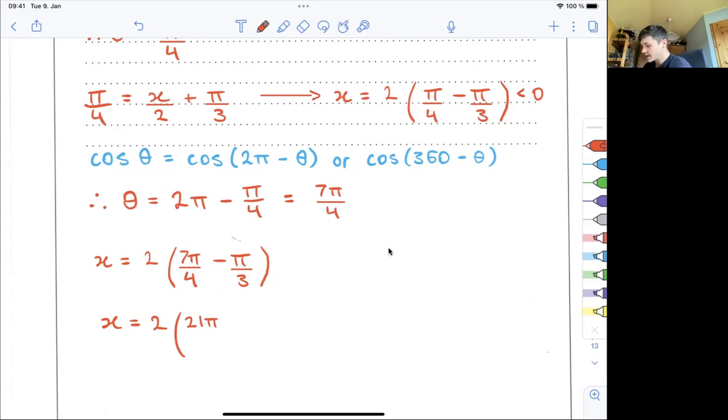For the pi over 3, we have to times the 3 by 4 to make it 12, so we have to times the pi by 4. So we go minus 4 pi, over a common denominator of 12. This is going to give us 17 pi over 12.